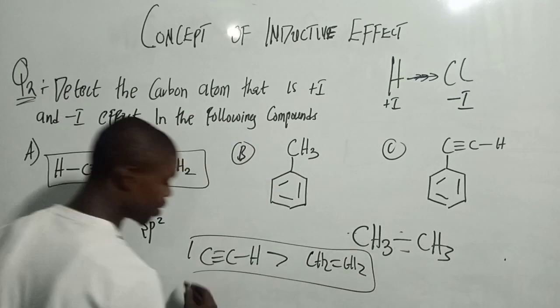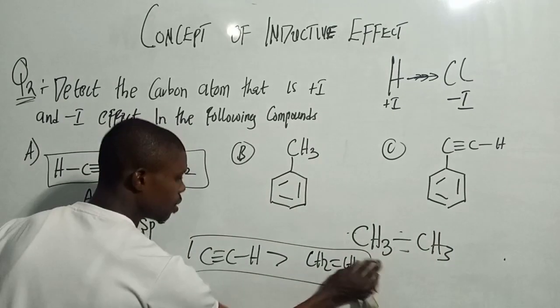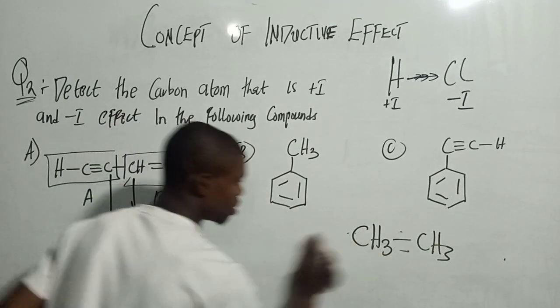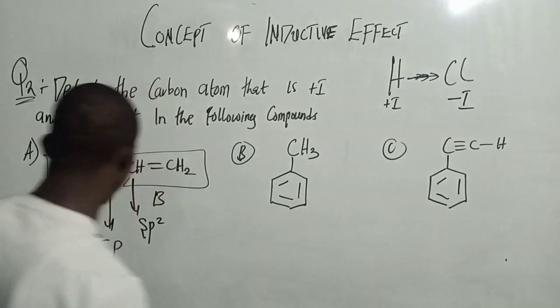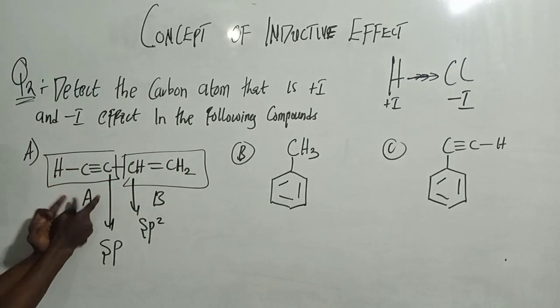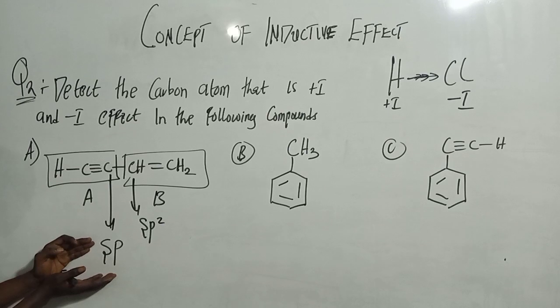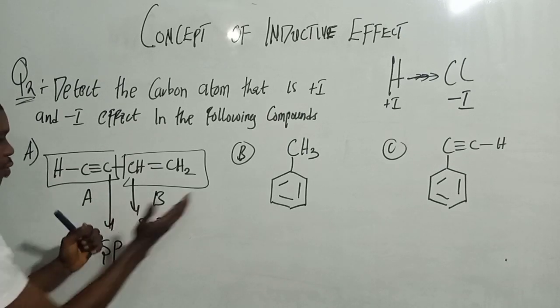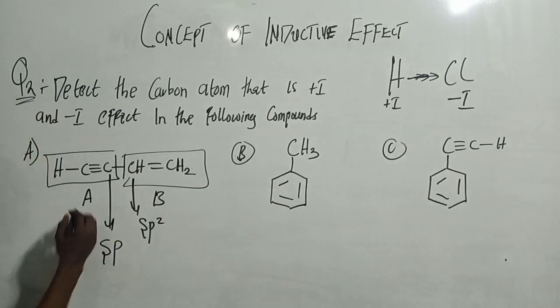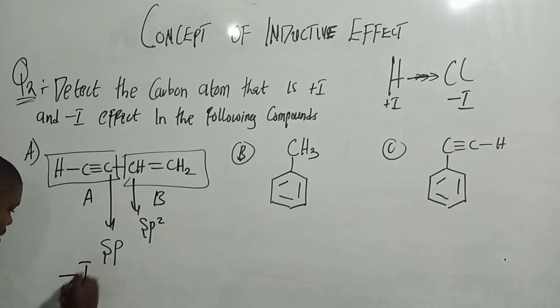Because this carbon here, this portion A, is sp, and here and here is sp2. So what will happen here? This one is going to be the minus I effect.